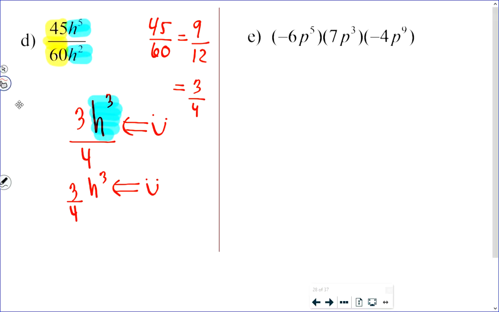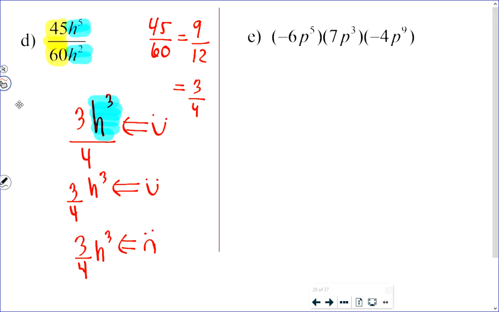Unfortunately for everyone, if this is typed out, it becomes, in appearance, this. And I don't like that. Later on down the road, I'll talk more about why I don't like that. But the basic reason is I can't see by looking at that h cubed, is that on the top or the bottom?